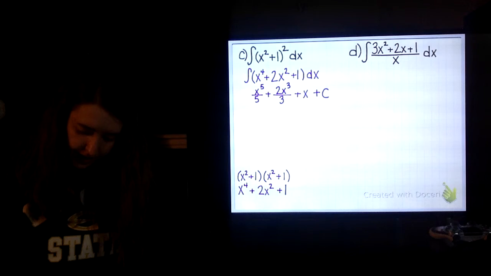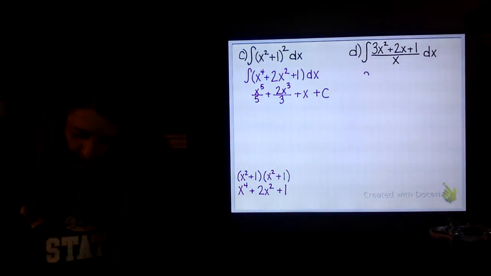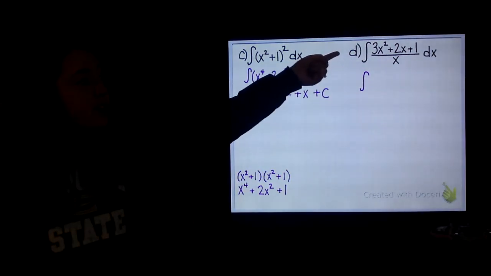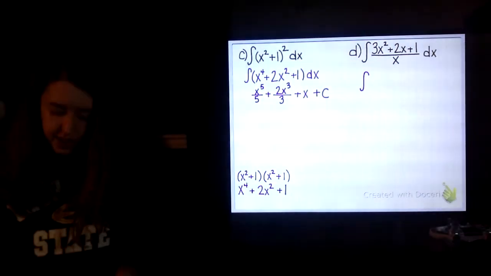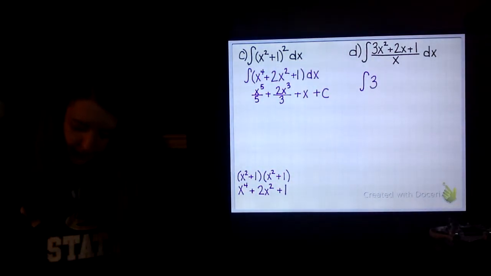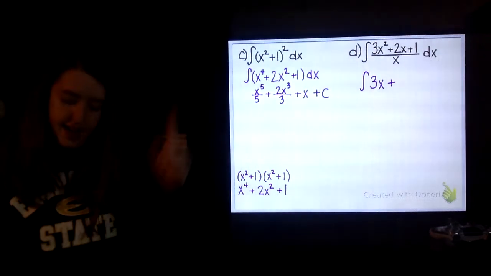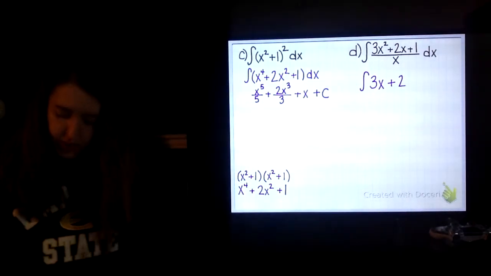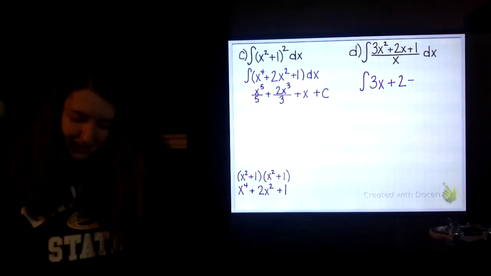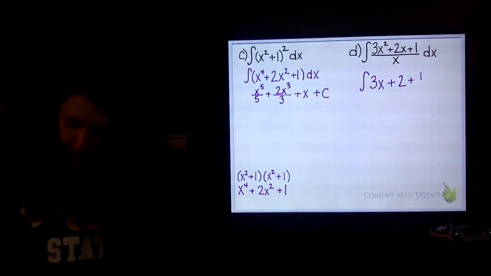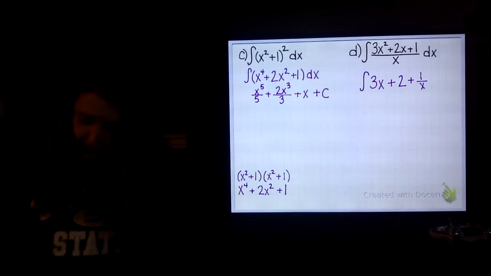Now we're going to be looking at the integral of, all right, so 3x squared divided by x just leaves me with 3x plus 2x divided by x leaves me with 2 plus, and then 1 divided by x is just 1 over x.